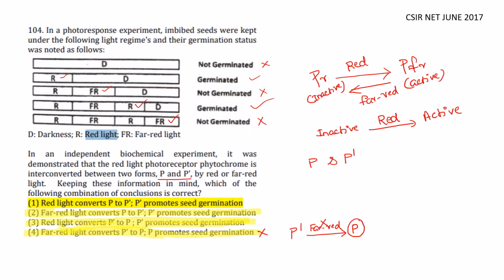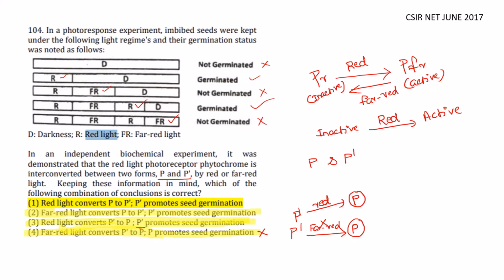Third option, red light converts P dash to P. Red light is converting P dash to P. Yes, that is correct. Red light is involved in seed germination. That is converting P dash to P. Let's see which one is promoting seed germination. P dash is promoting seed germination. Okay. So it is not correct.